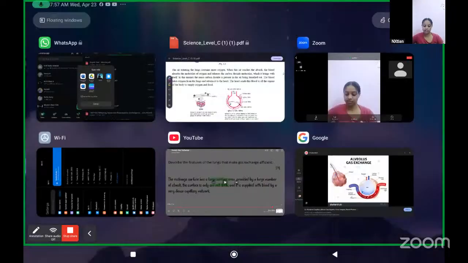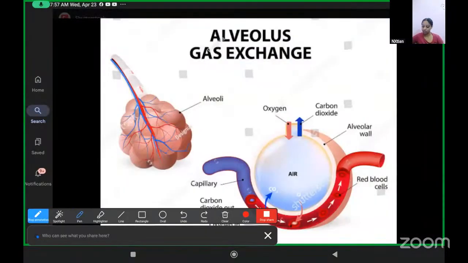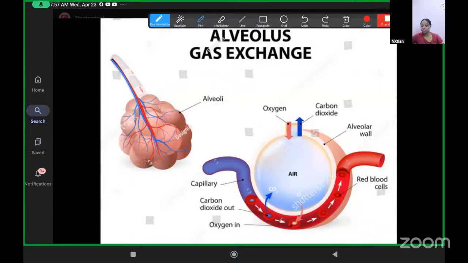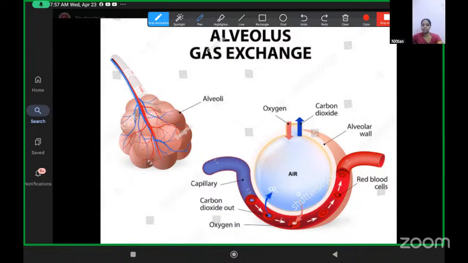Can you see? So in alveoli, the first diagram is the alveoli, okay? And the inside of it, how it works, that is shown in the second image, okay? Oxygen entering and carbon dioxide leaving it, okay? And from here also, we have red blood cells.